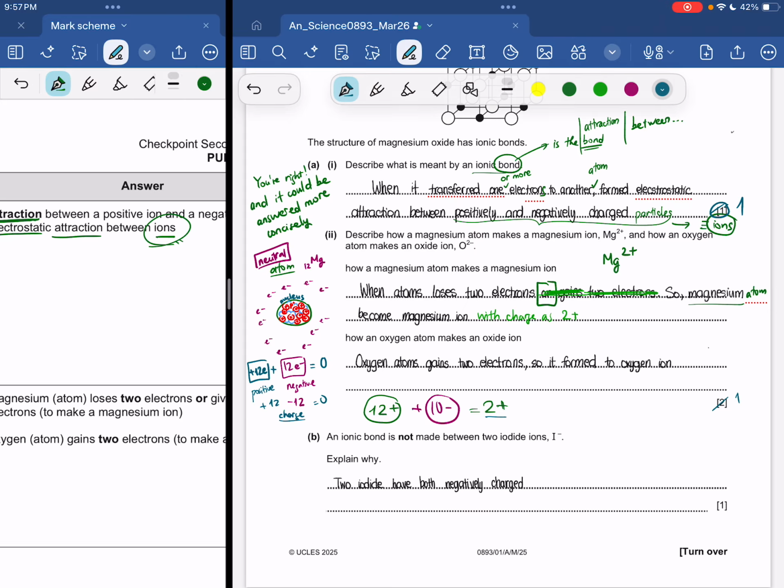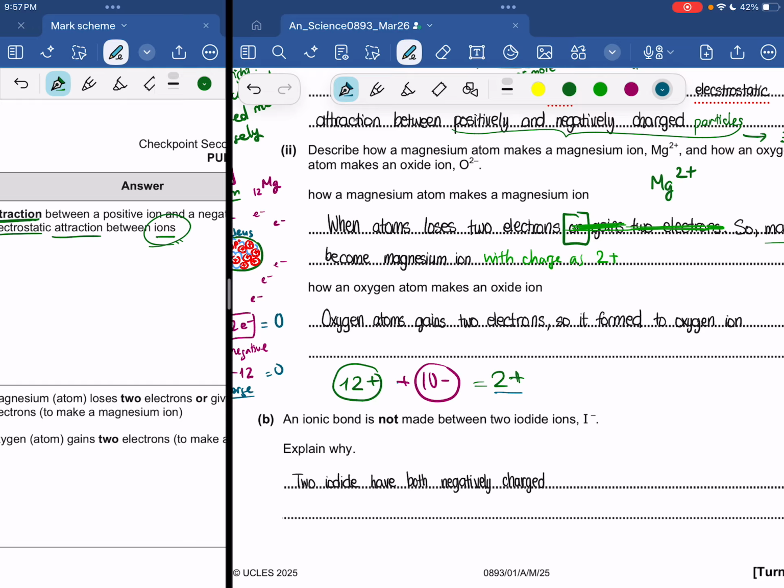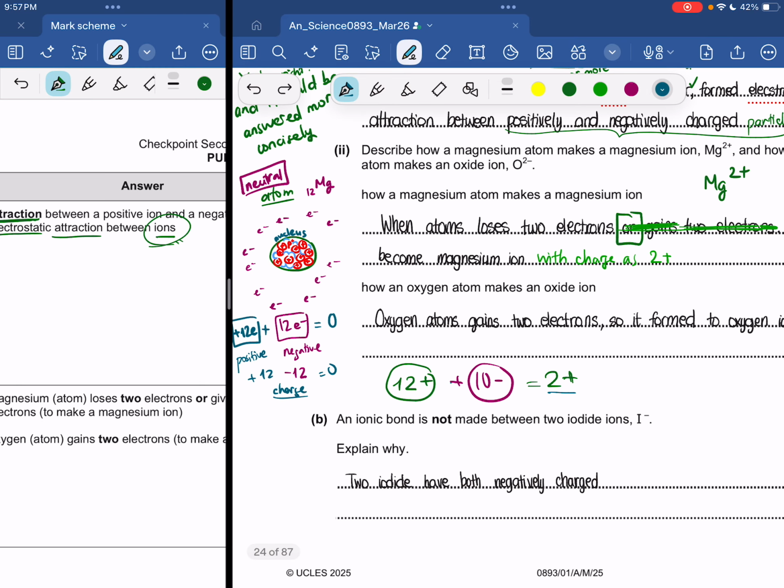Okay, so this is about the grammar. If you say both of them, you can say both of the two iodide ions are negatively charged.